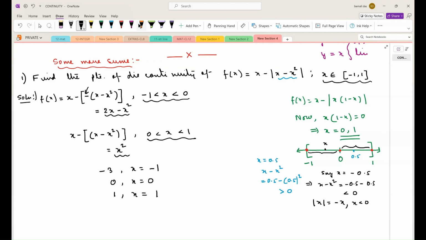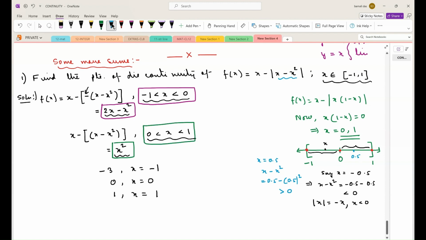So let me just highlight it once. The first branch is this, 2x minus x square when x is in this region. Second branch is x square when x is here.